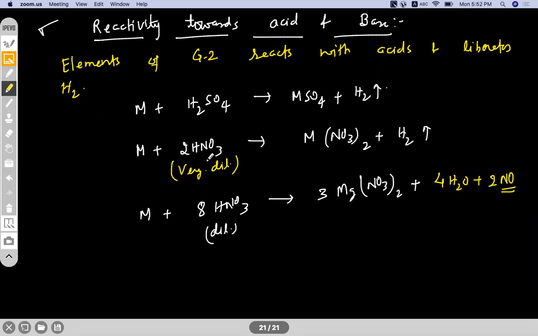So the condition you must remember: very dilute gives you hydrogen, dilute gives you NO. All these HNO3 reactions are very important, must take care of that.